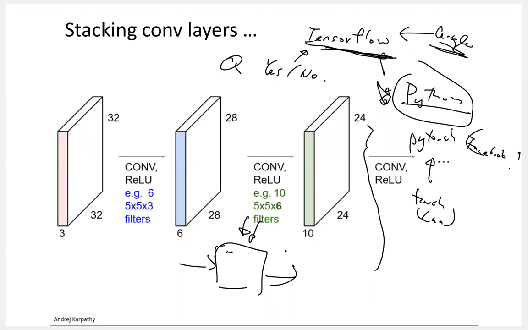TensorFlow also has a simplified layer, you can think of it as a layer to make it more high level. It's Keras. Now it's also maintained by Google, because the creator was hired by Google.